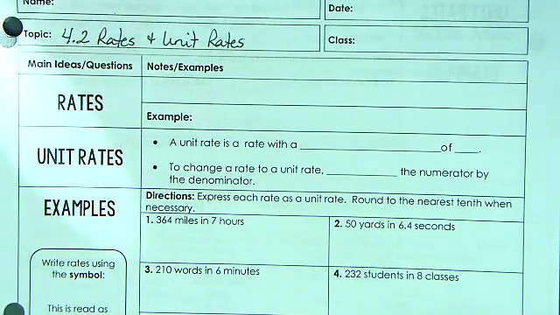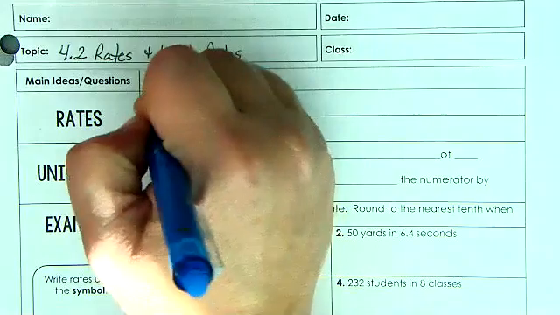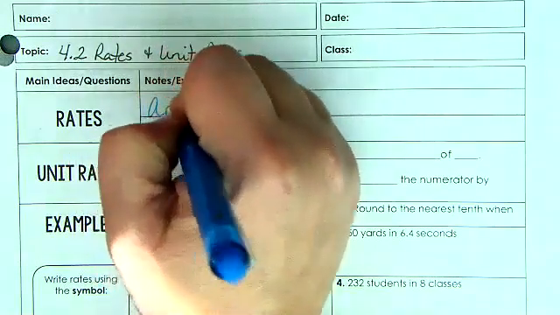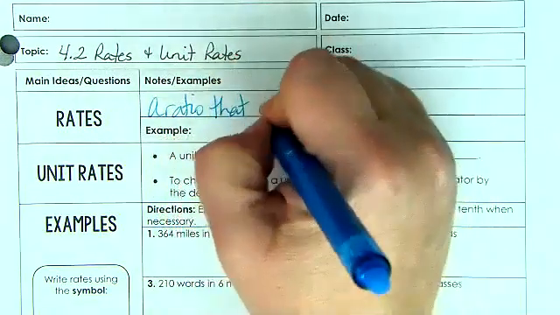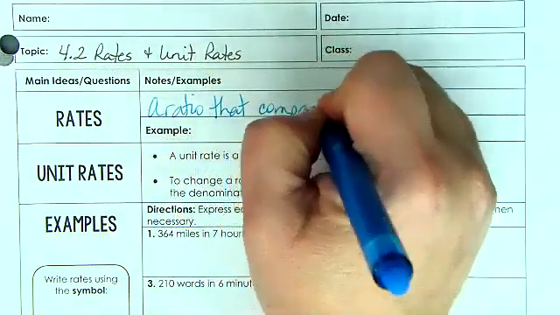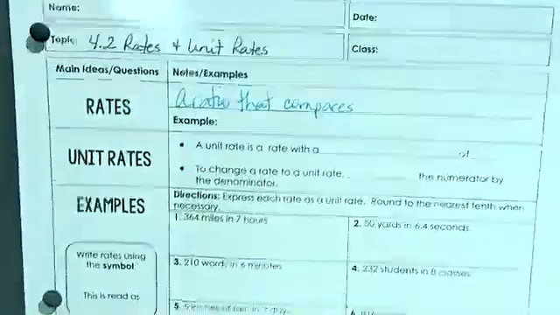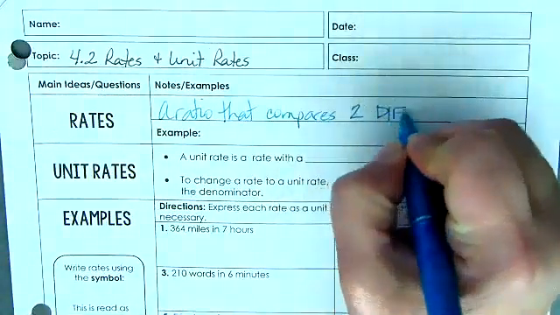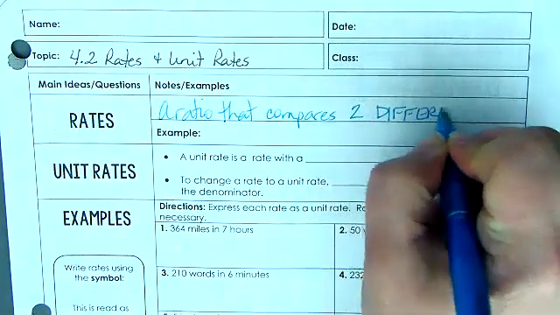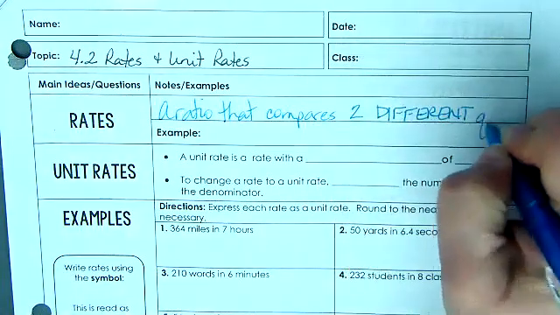So for a rate, the definition of a rate, this is where things are a little different than a ratio. A rate is a form of a ratio that compares two different quantities.